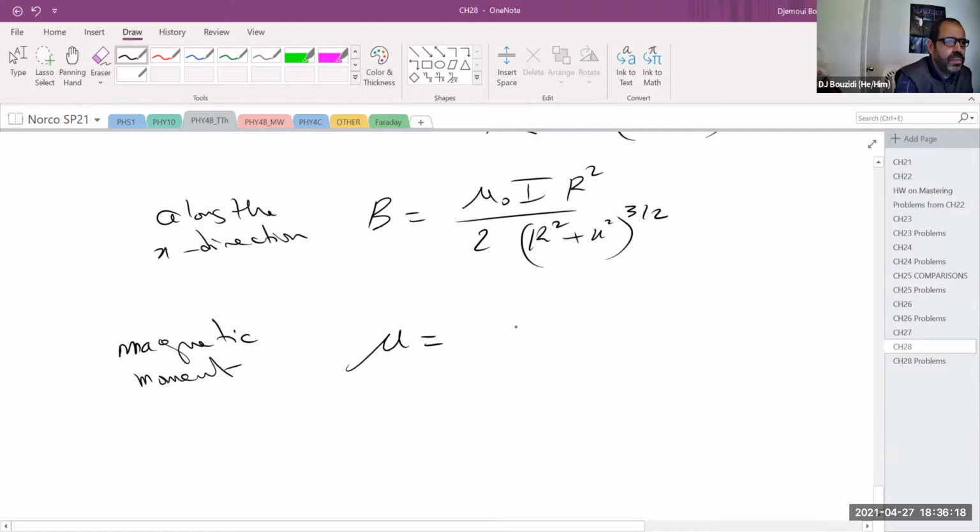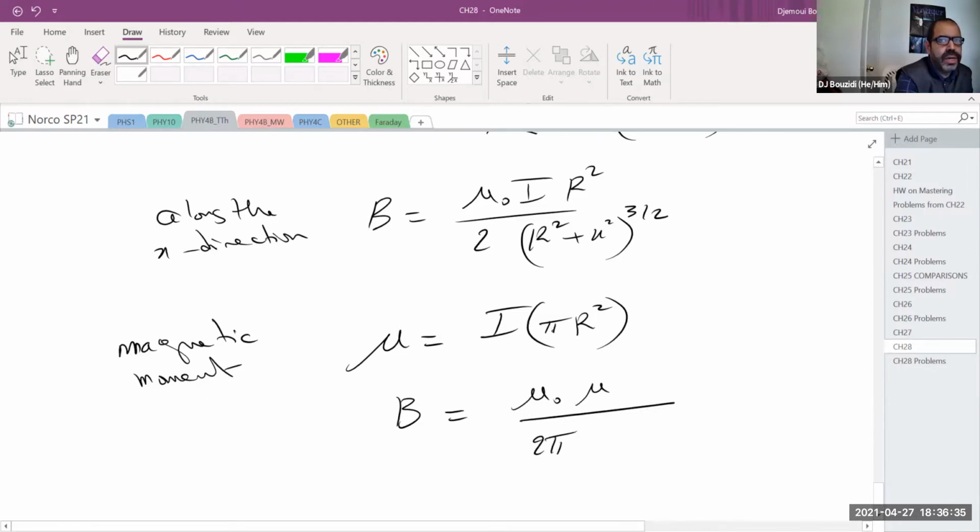If I define that to be simply equal to the current times the area, okay, then that should give me the magnetic moment, and the magnetic field expressed in terms of that would be simply mu naught times mu divided by 2 times pi, because I have to reintegrate pi again in the expression, times r squared plus x squared to the power 3/2. And that is the magnetic field along the axis of the loop.